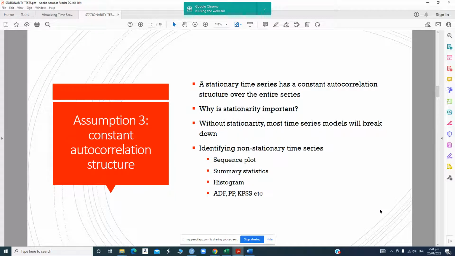Why is stationarity very important? It's important because without stationarity, most time series models will break down. Because in making our prediction and forecasting, it's based on the assumption that there is independence between different points.